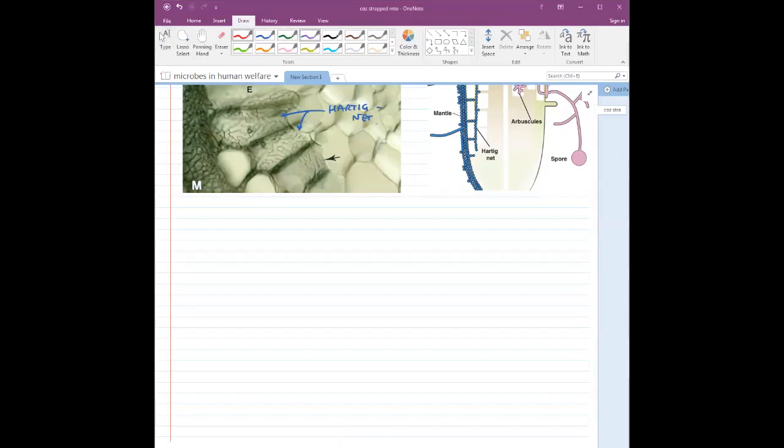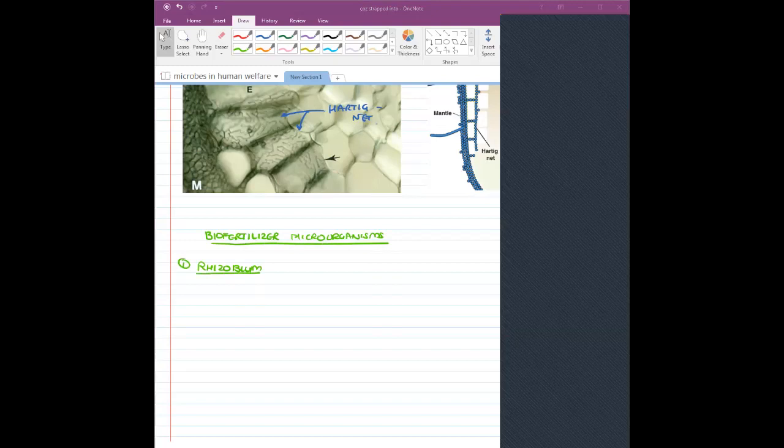Let me show you how the Rhizobium is going to be, what really happens over here. Let me show you a few pictures, guys.